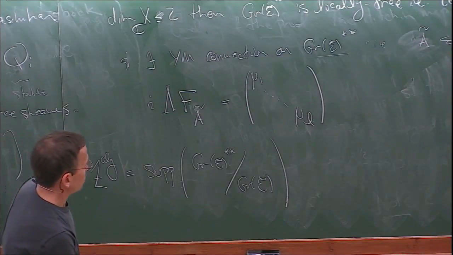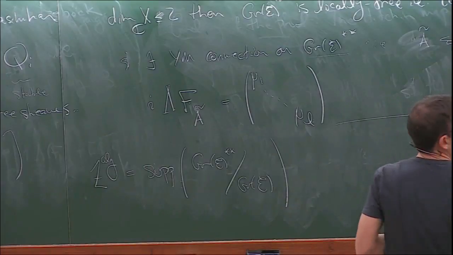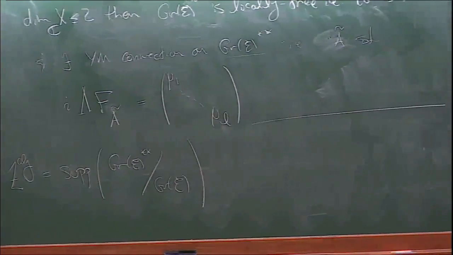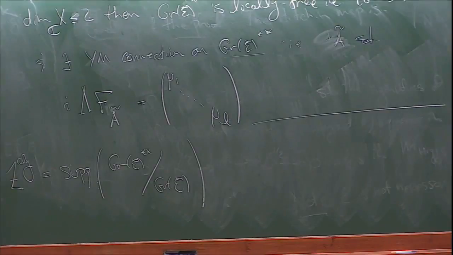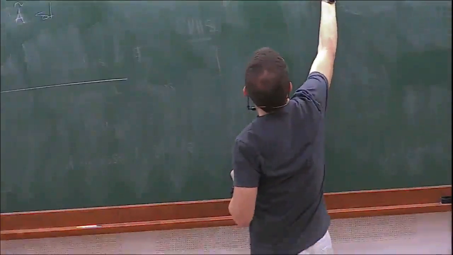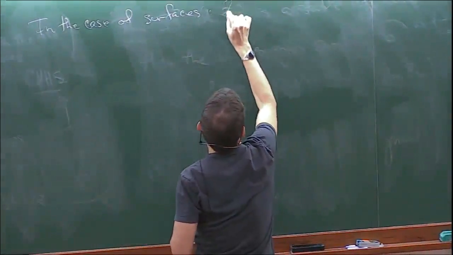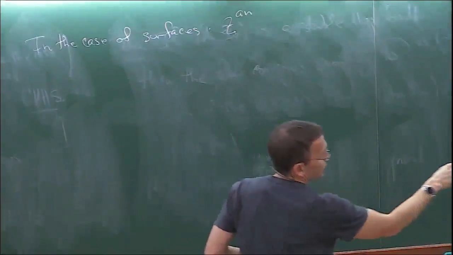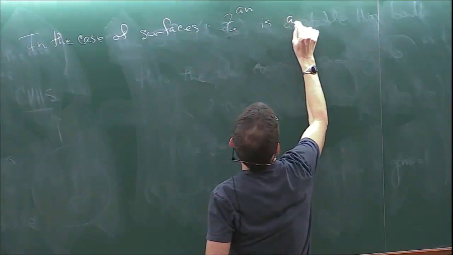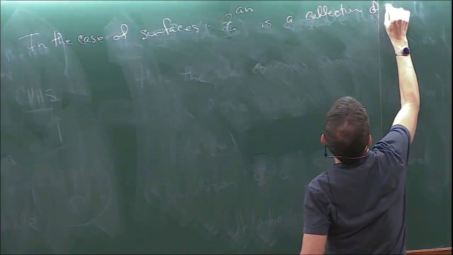One last little piece of definition is that over here, in the case of surfaces, the Z analytic that I've written over here is a finite collection of points.